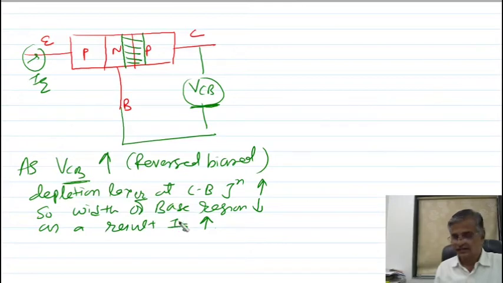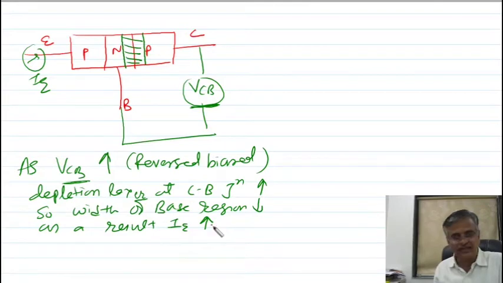What is the reason? As collector base voltage increases, that is reverse bias voltage increases, so the depletion layer at this junction increases, the depletion layer at collector base increases, so the width of the base decreases, so the possibility of recombination of the charge carriers with the charge carriers of N will decrease, so ammeter current increases.